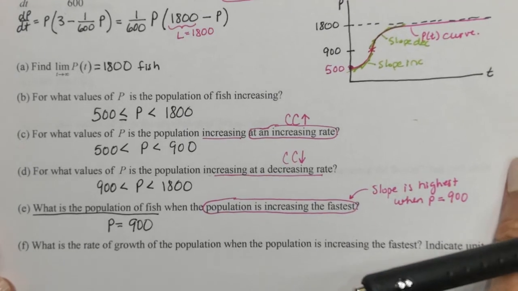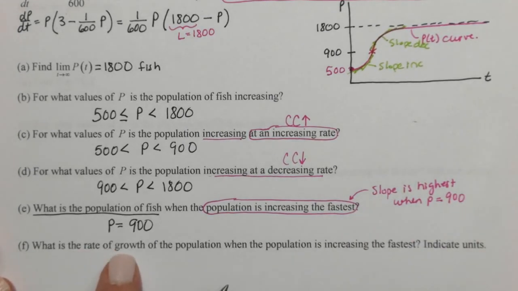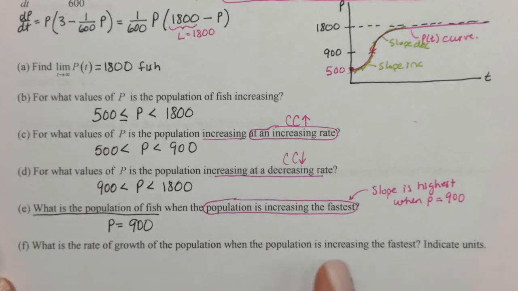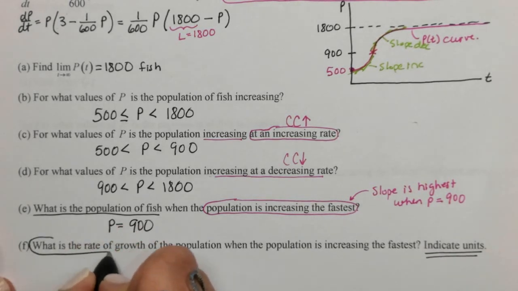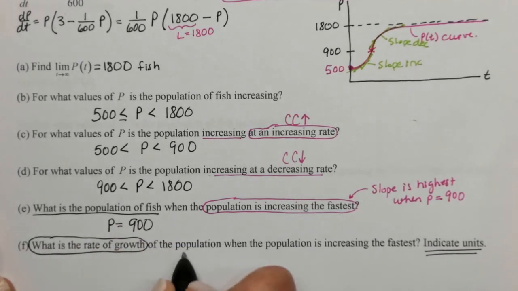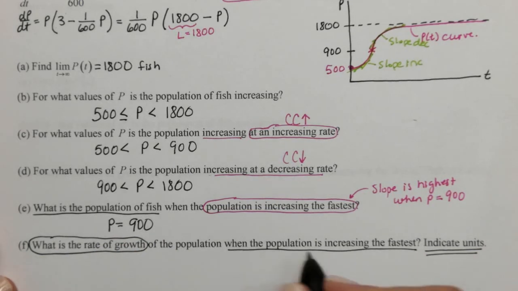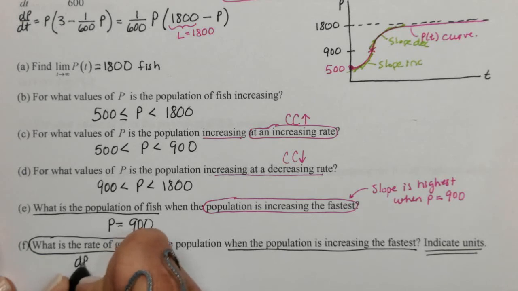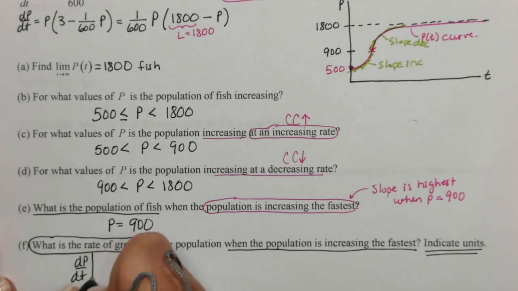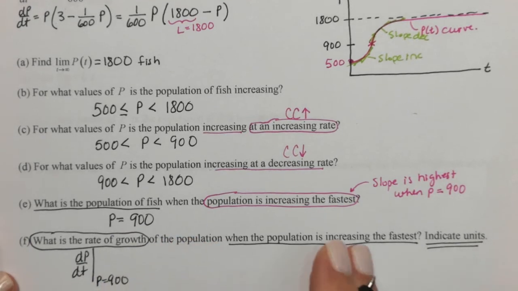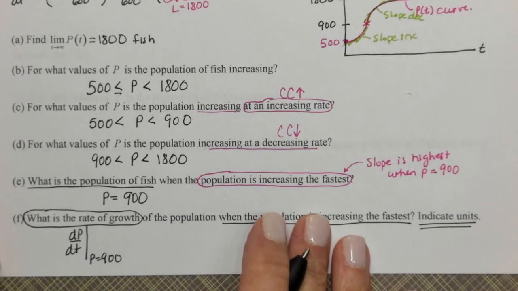Okay, part F. What is the rate of growth of the population when the population is increasing the fastest? And we have to indicate units. So they're asking us what is dP/dt when the population is 900.